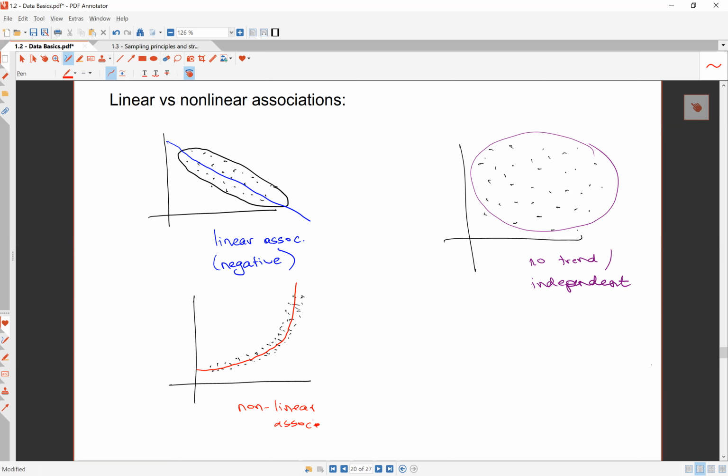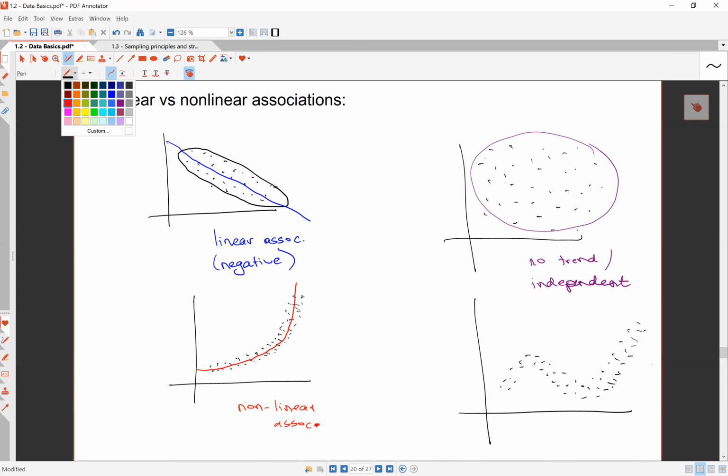So we're not going to try and describe trend lines in much greater detail than linear versus nonlinear, but you should look at being able to identify those by seeing patterns emerge that are nonlinear in nature. And here's another example of a nonlinear one, where it goes up and then down and then up again.